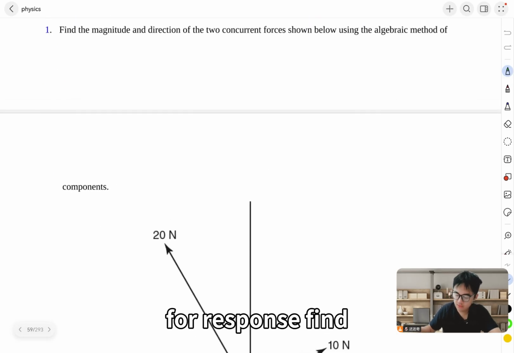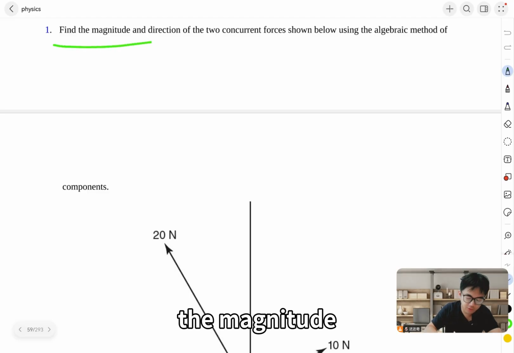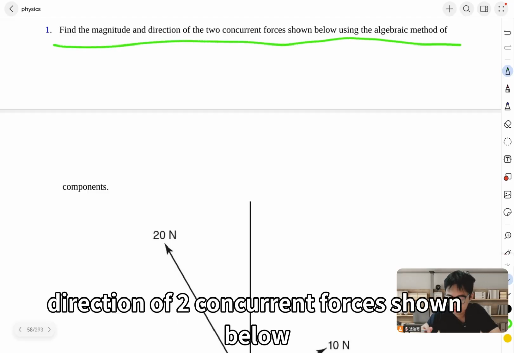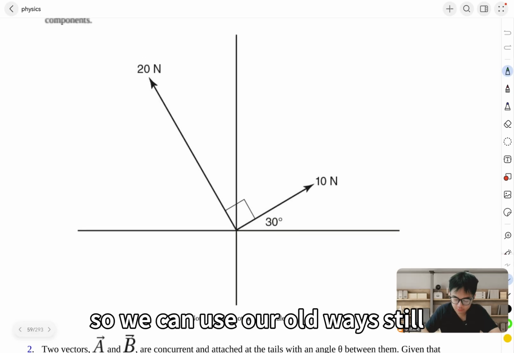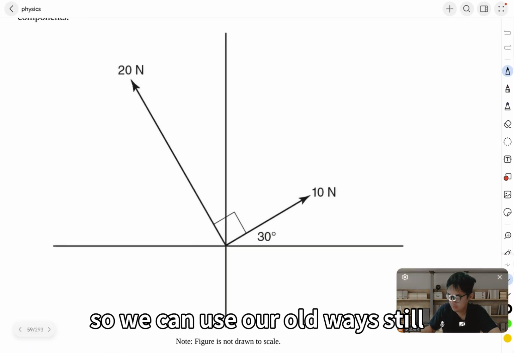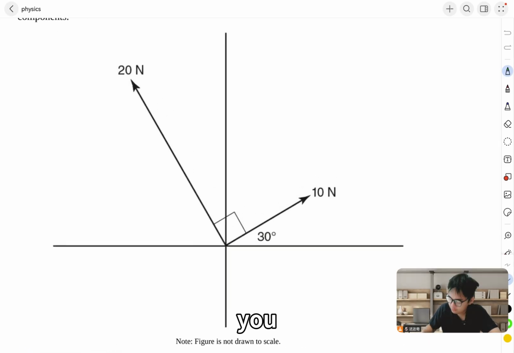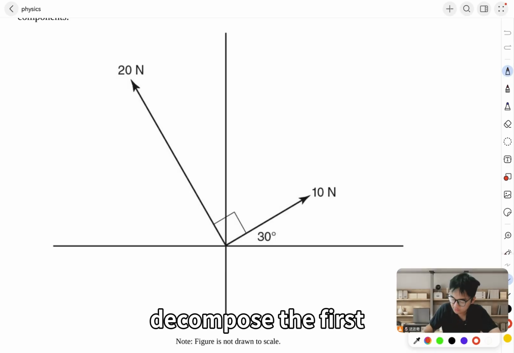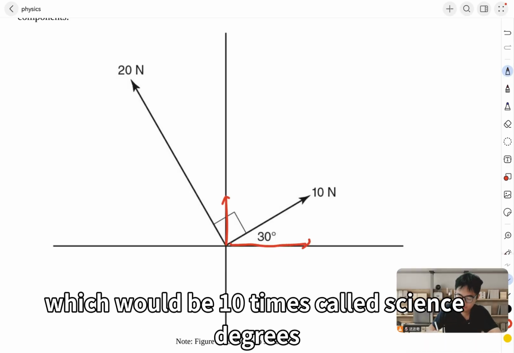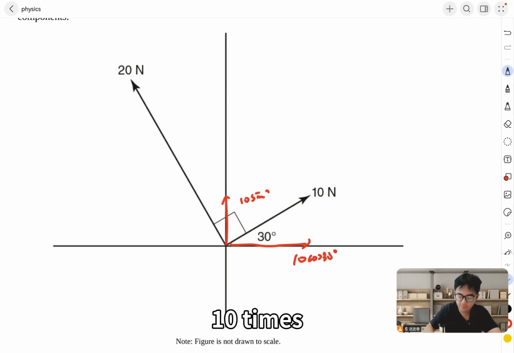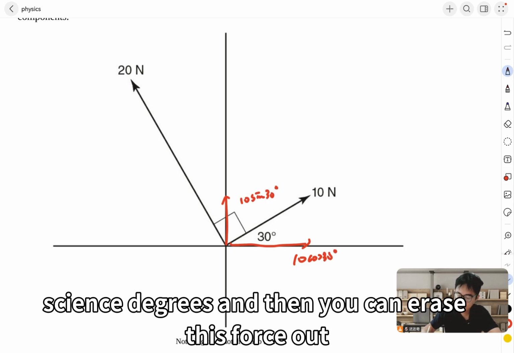Free response. Find the magnitude and direction of two concurrent forces shown below using the algebraic method of components. So we can use our old ways still. You decompose the first force into its vertical and horizontal components, which would be 10 times cosine 30 degrees and 10 times sine 30 degrees, and then you can erase this force.